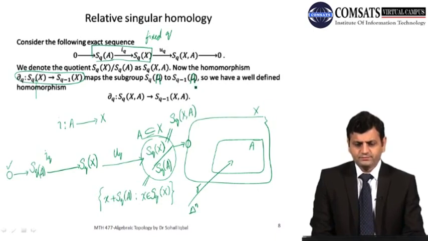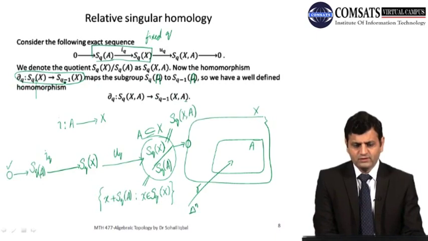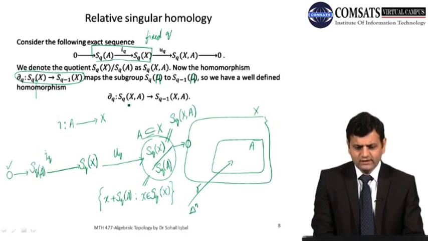So we have this well-defined homomorphism from the q chains of (X,A) to the q minus 1 chains of (X,A). Why is this true? Because these boundary maps take elements of S_q(X) to elements of S_{q-1}(X), and take q chains of A to the q minus 1 chains of A. Let's look at this definition of S_q(X,A).